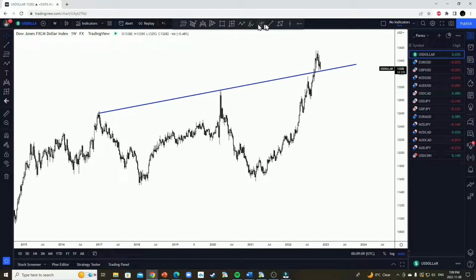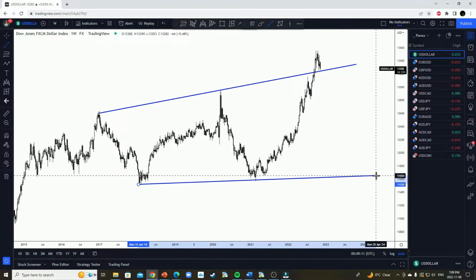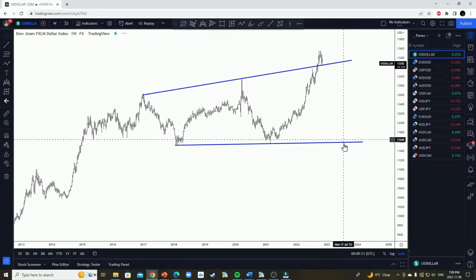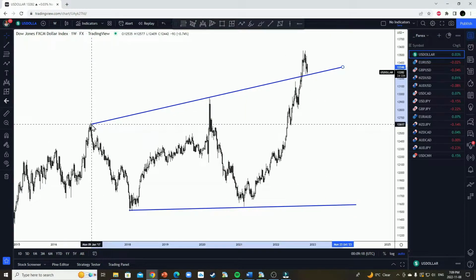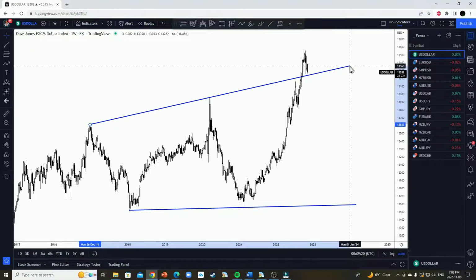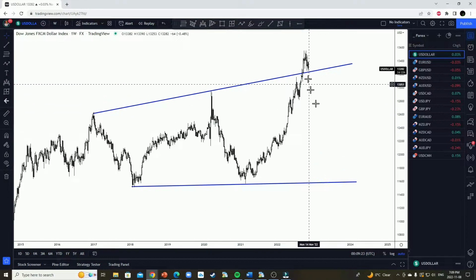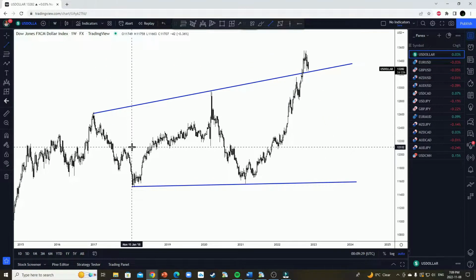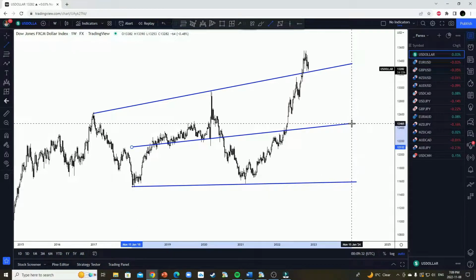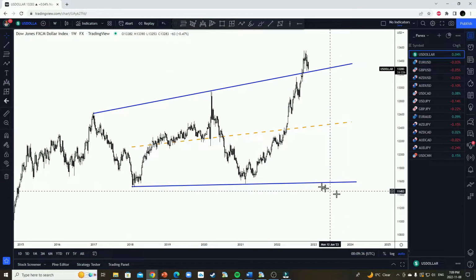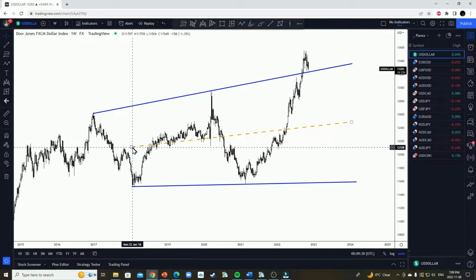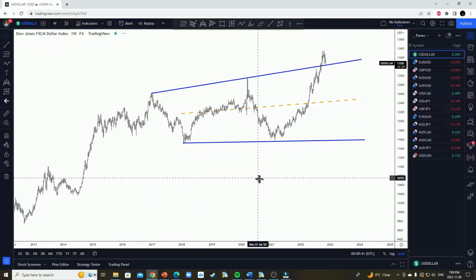If we look at this type of pattern, it's an overshoot pattern, and what I think is going to happen here is if we keep seeing weakness and the price gets back inside of here, it's likely that we will see some type of reversion to the mean, and we'll be able to bounce off of this level over here.